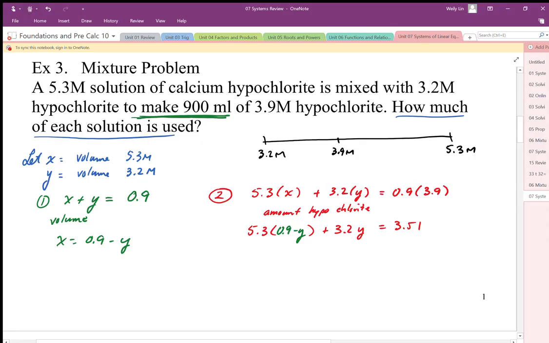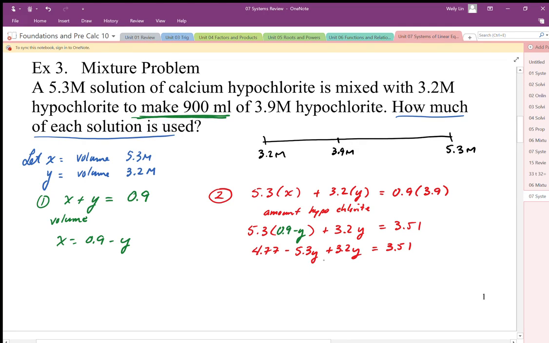Multiplying this out and solving for y, we get 5.3 times 0.9, which gives me 4.77, minus 5.3y plus 3.2y is equal to 3.51 moles in total.